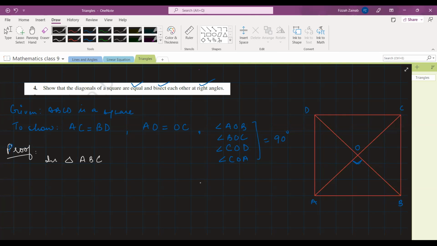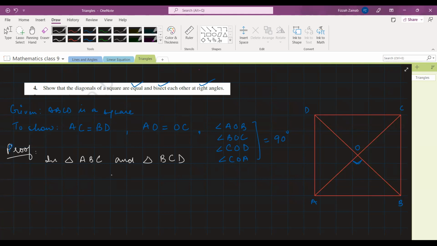Yes, Zeba Jaslin, right? I'm taking the triangle ABC. Now I want BD, so that means I have to take the triangle BCD. Is that okay? Okay, ma'am. Yeah, ABC and DCB or BCD. Basically, right side, upper triangle and lower triangle I'm taking.